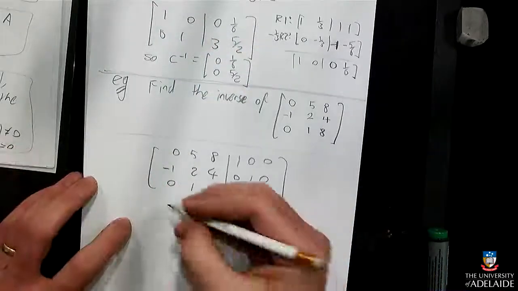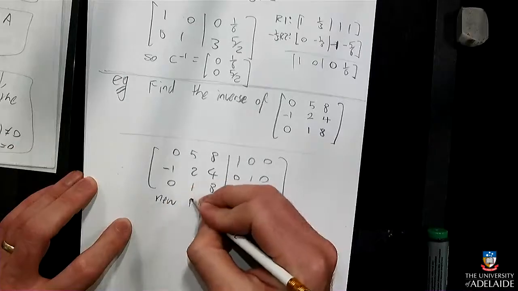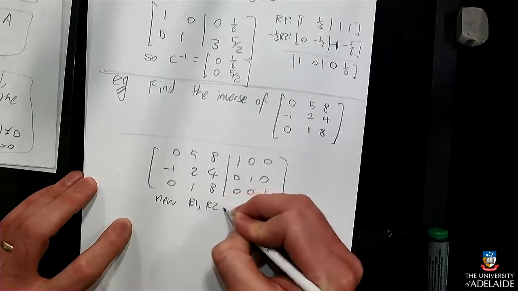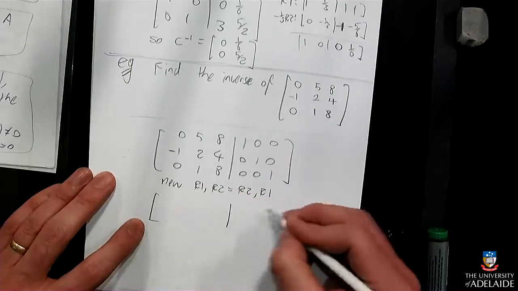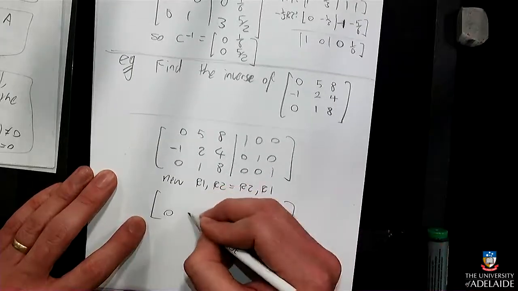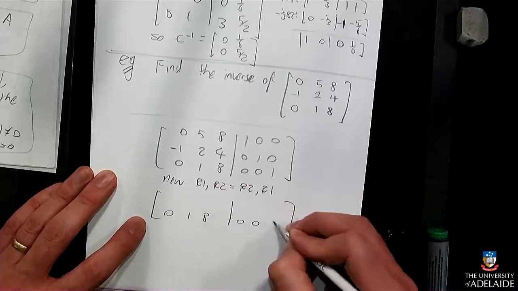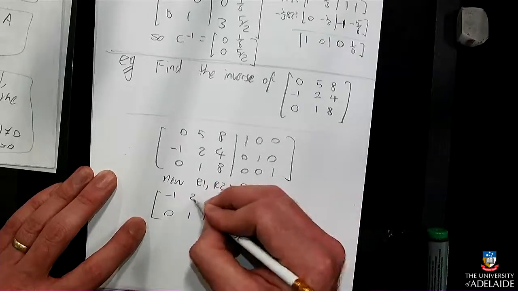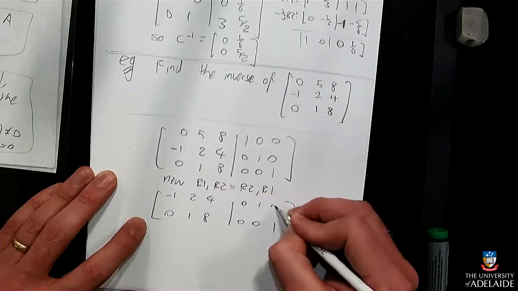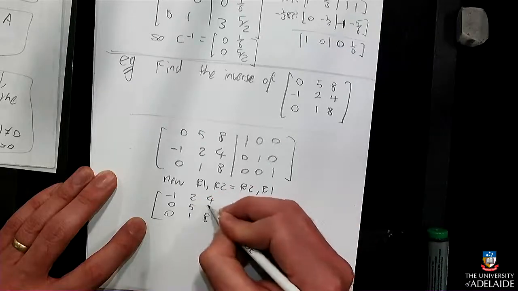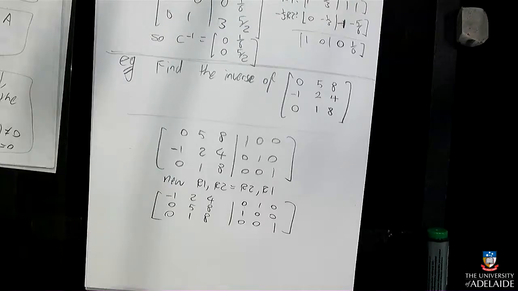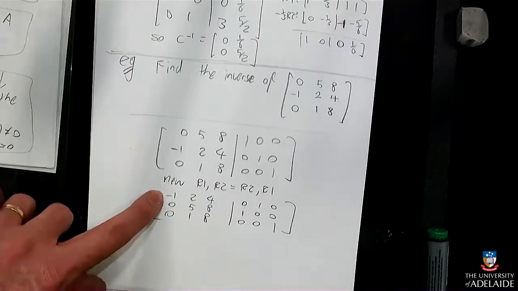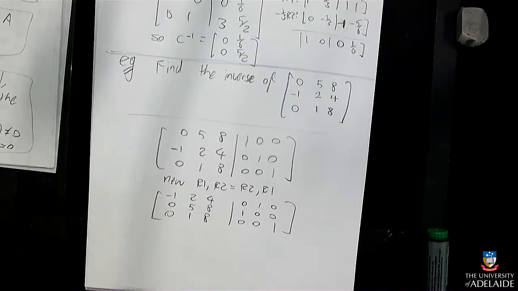Okay, so let's do my new row 1 and row 2 are my old row 2 and row 1. So I didn't change row 3, and this is the old row 2, and this is the old row 1. Beautiful. And so now I need a 1 in this spot here, so I'm going to multiply that one by -1.